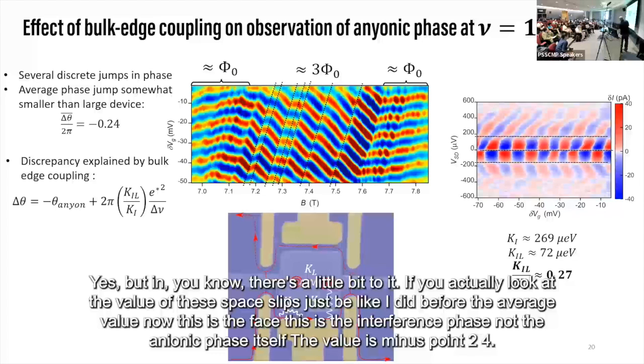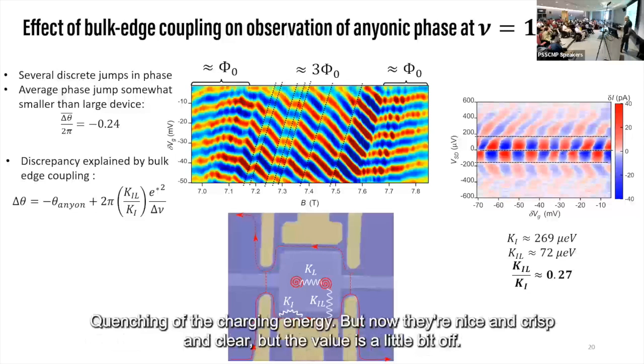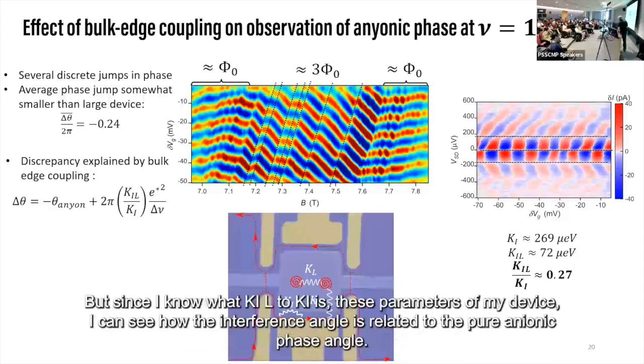If you actually look at the value of these phase slips, like I did before, the average value, now this is the interference phase, not the anyonic phase itself, is minus 0.24. Remember, it's supposed to be minus 0.33. Okay, and in the first device, it was minus 0.33 because we had so much quenching of the charging energy. But now they're nice and crisp and clear, but the value is a little bit off.